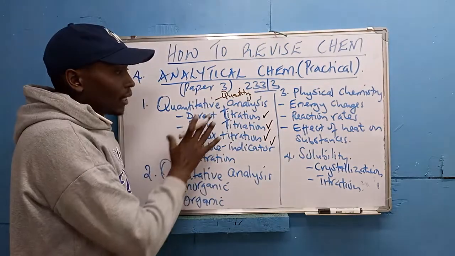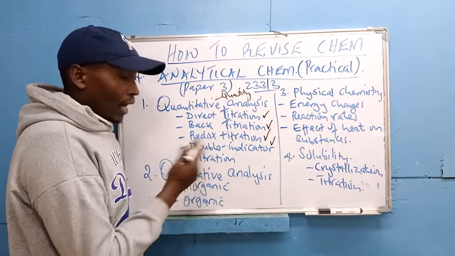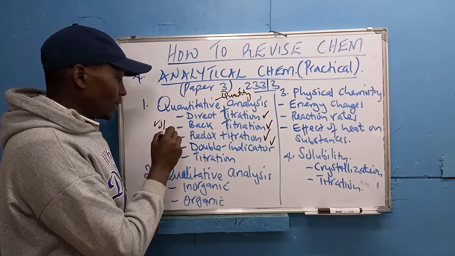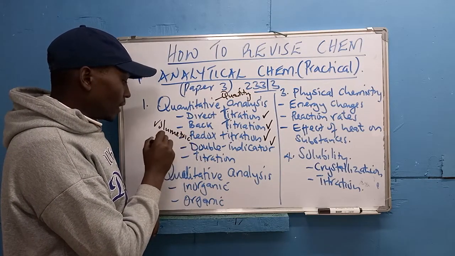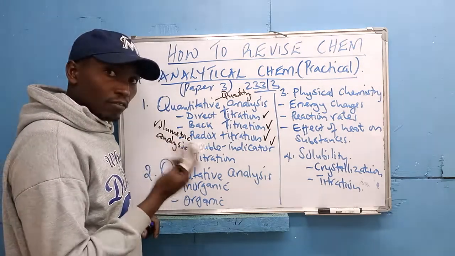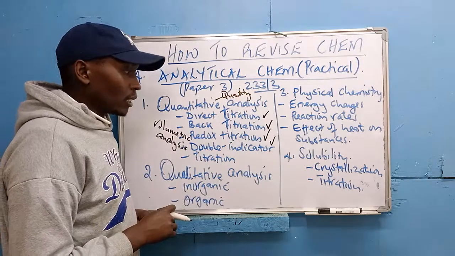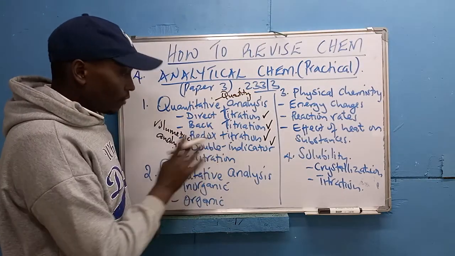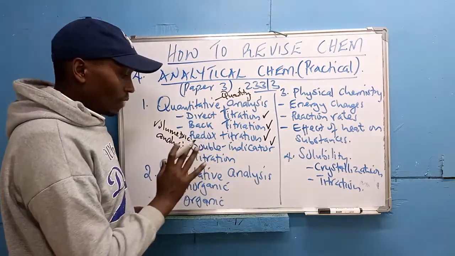That one is basically what we call quantitative analysis. Otherwise, we can call this volumetric analysis, simply because we do the analysis of the unknown mostly in volumes of solution. That is the first area, quantitative analysis.